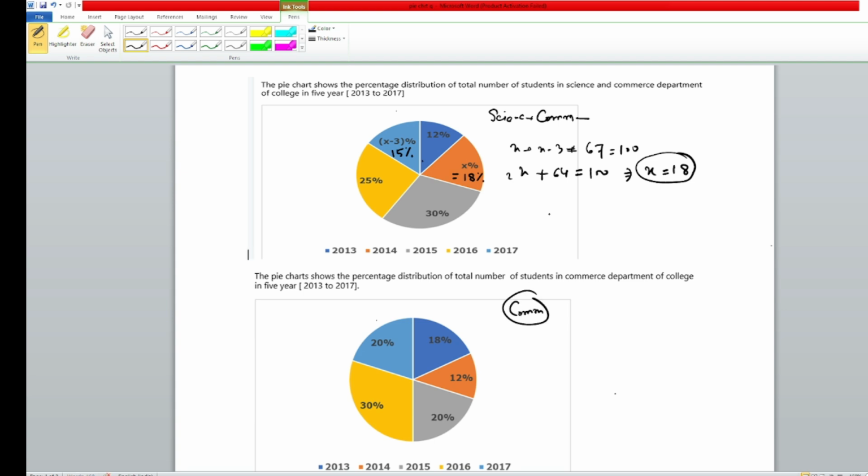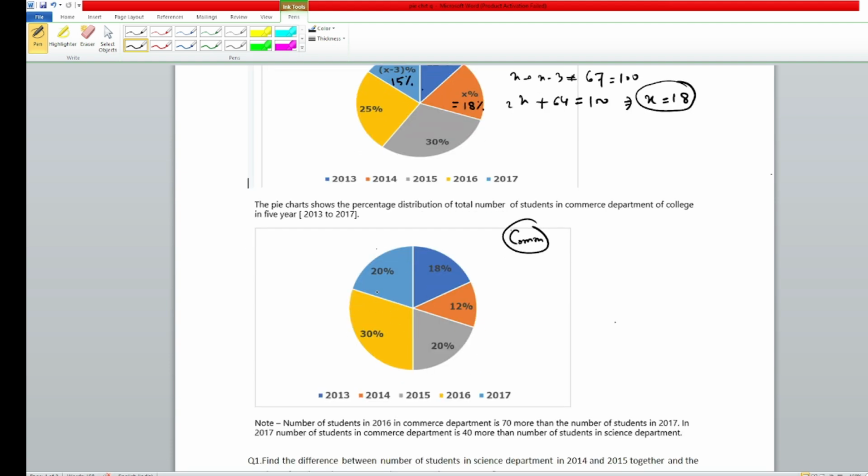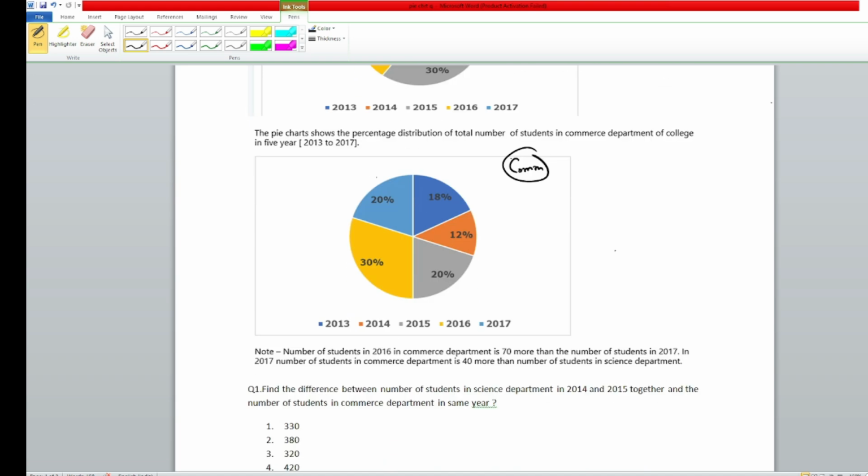Every percentage is already given here. So next, let's jump to the note part.